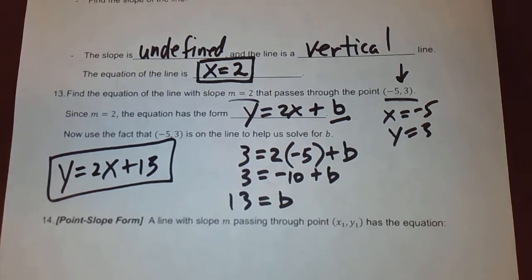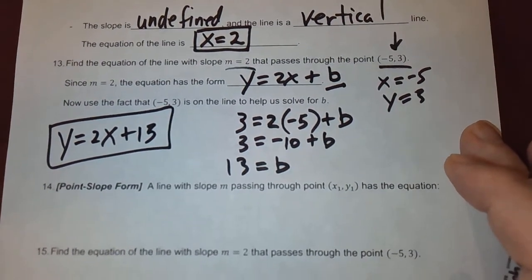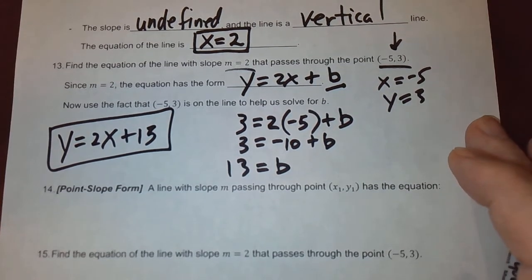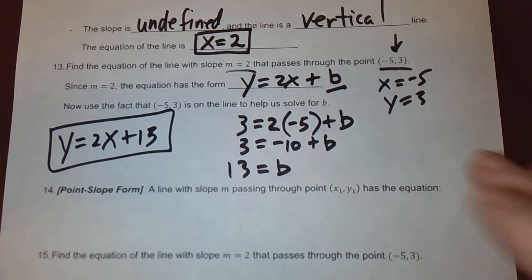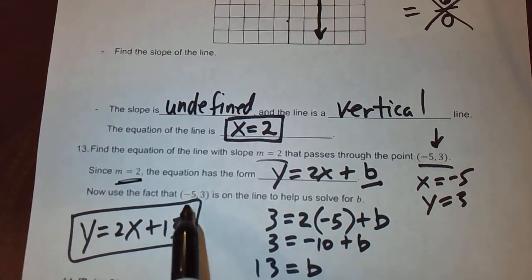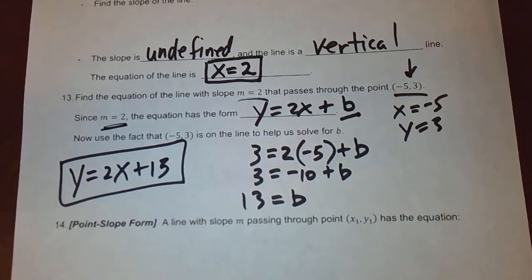Now there's another way we can do it that I find is more straightforward than that. Anytime you are given a point and the slope, like we were up here, where the slope is 2, and we're given the point on the line, (-5, 3), you can immediately write the equation of the line, and it'll have this form.